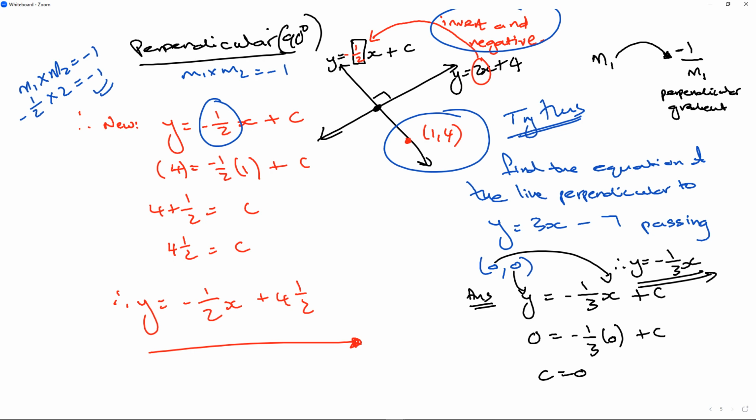Let's look at now the concept of finding where two lines meet. If you want to find the point of intersection of two lines, you can solve it simultaneously, you can use elimination, or you can just equate them. And let's see how this works.